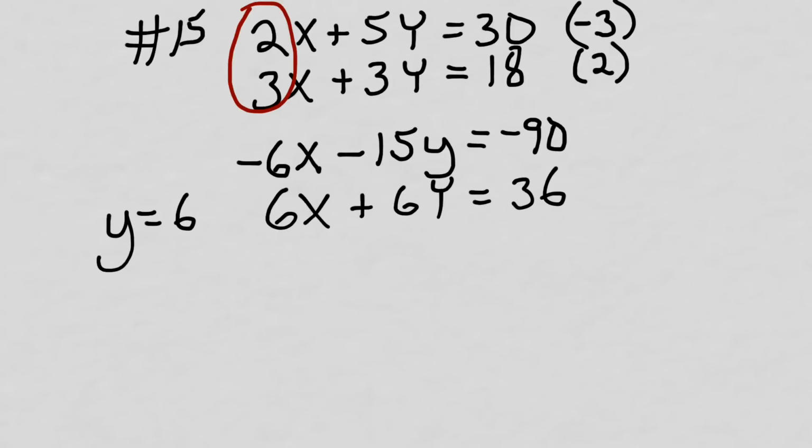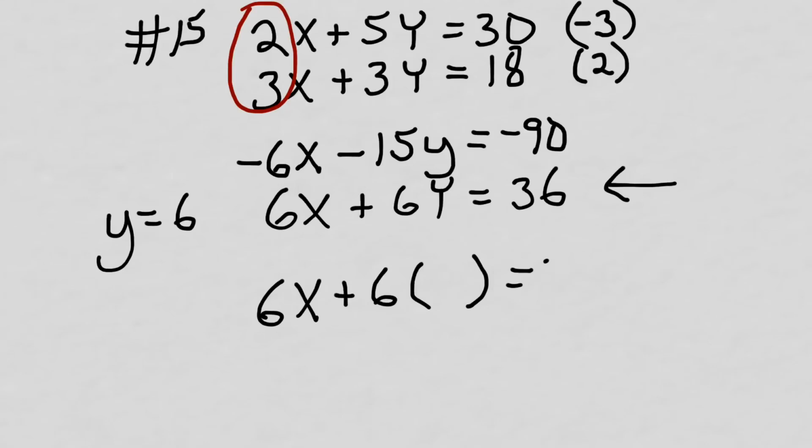Okay, y equals 6. I'm going to use this second equation. This one looks like the easiest to use. Okay, I have 6x plus 6y equals 36. I put parentheses in for y because I want to go ahead and substitute this in. Okay, y equals 6.